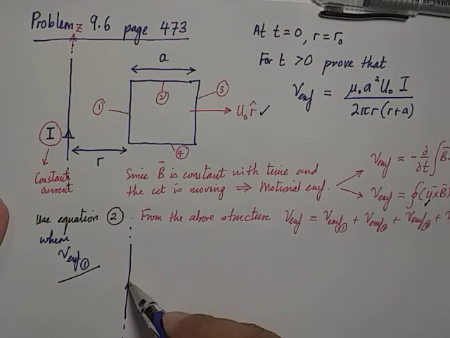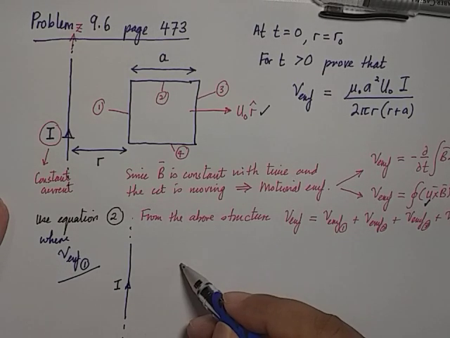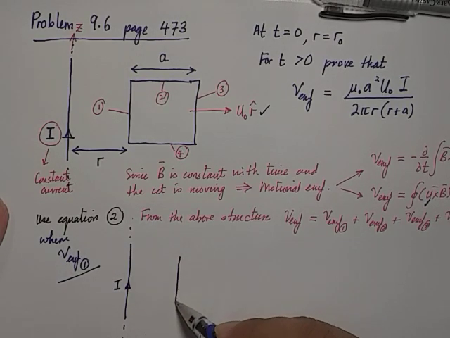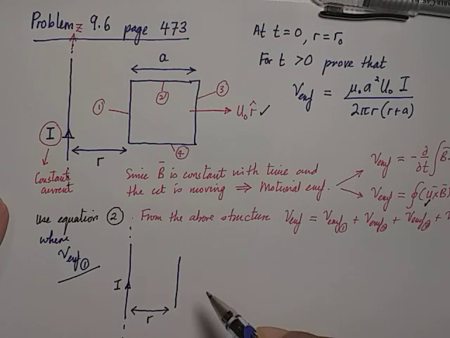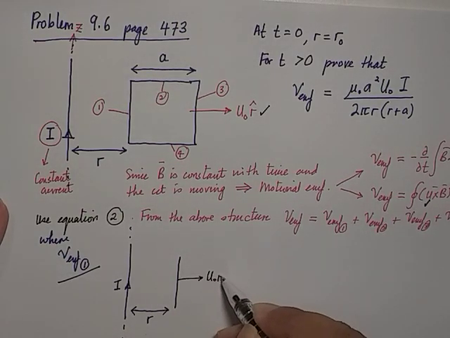This should be our source of magnetic field, and then we have the moving conductor, at a distance R, with width, the length, A. And this conductor is moving with u naught in the R direction.